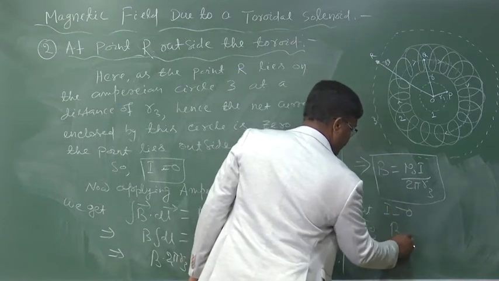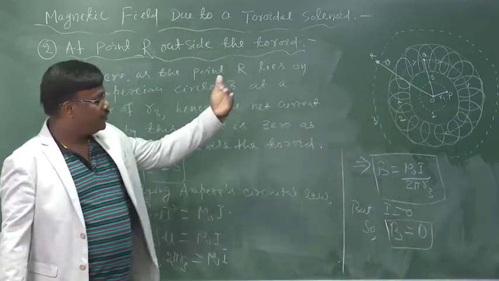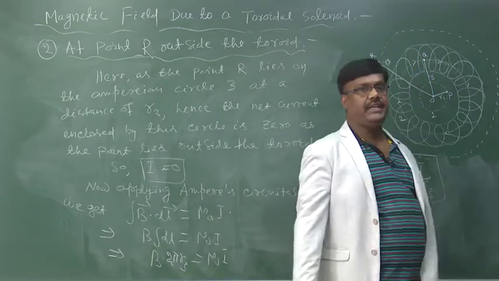So, B equal to 0. That means there is no field strength at any point outside a toroid.